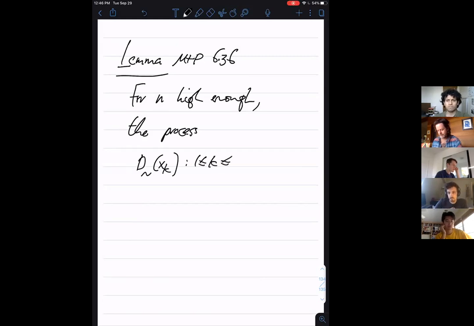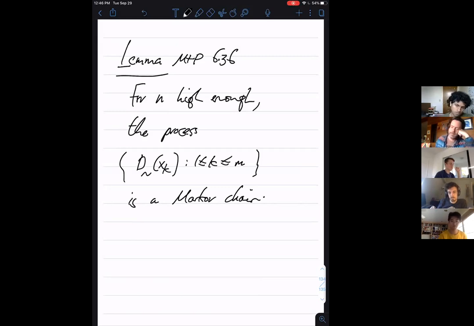It's inherited from the Markov property of the square of a planar Brownian motion. So we just need to gesture towards this statement's validity, that this, regarded as a process in this k parameter, is a Markov chain.